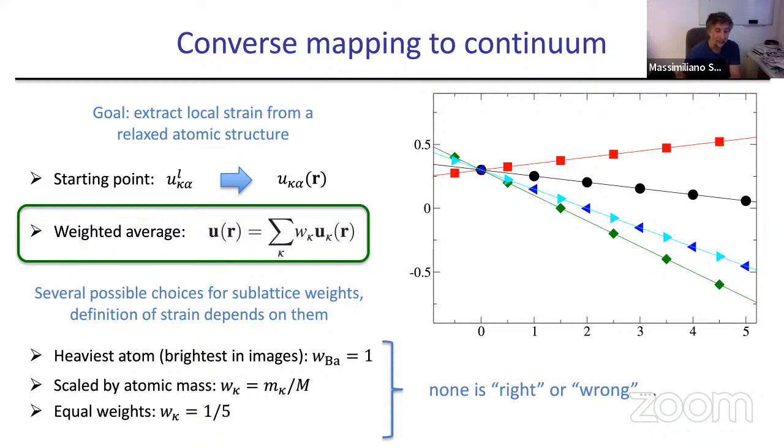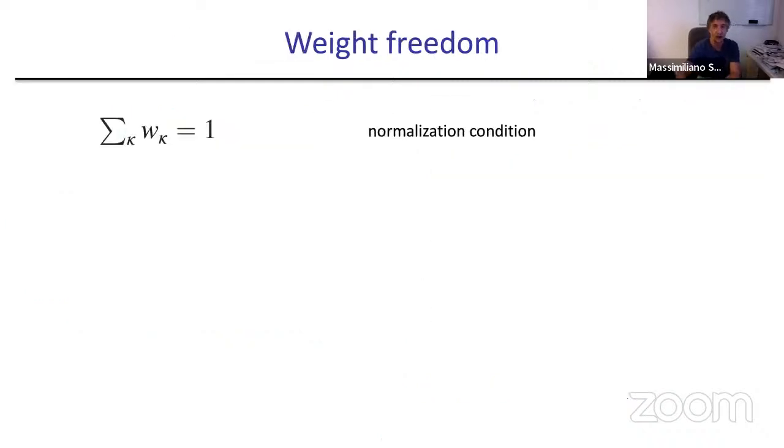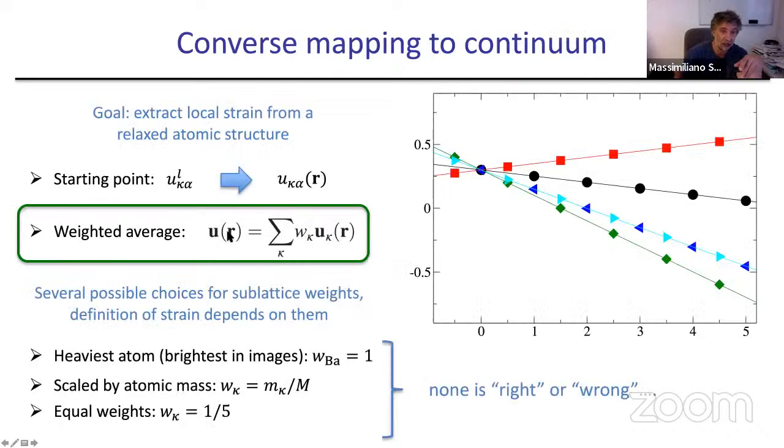Also, equal weights, the more democratic principle, sounds reasonable, but it is just one choice among many possibilities. And none is right or wrong. This is something that we can call a weight freedom. And these weights are only defined by a normalization condition, that they must sum up to 1. So we have the correct strain from the weighted average.